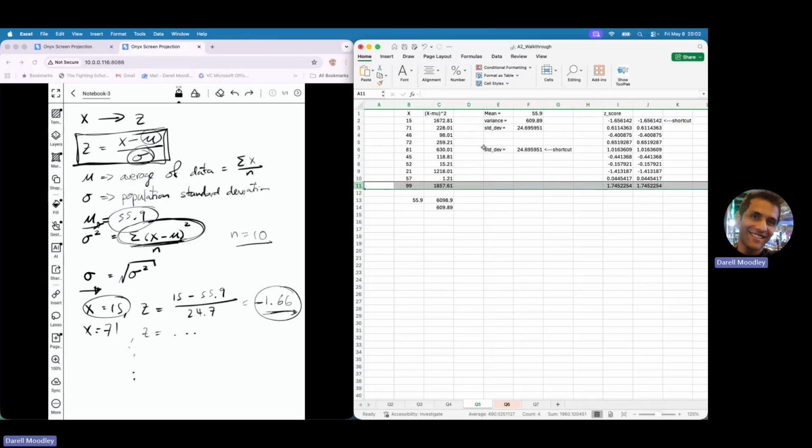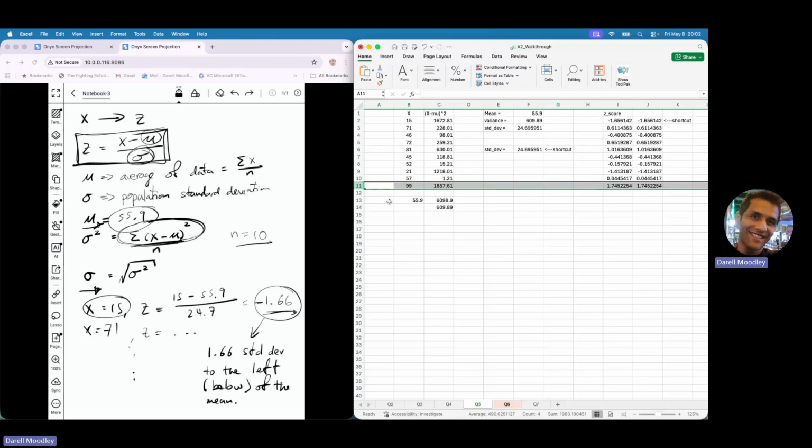The number tells you it's 1.66 standard deviations to the left, or you could say below, the mean. And if it's a positive value, then it's on the right of the mean, so it's above the mean.